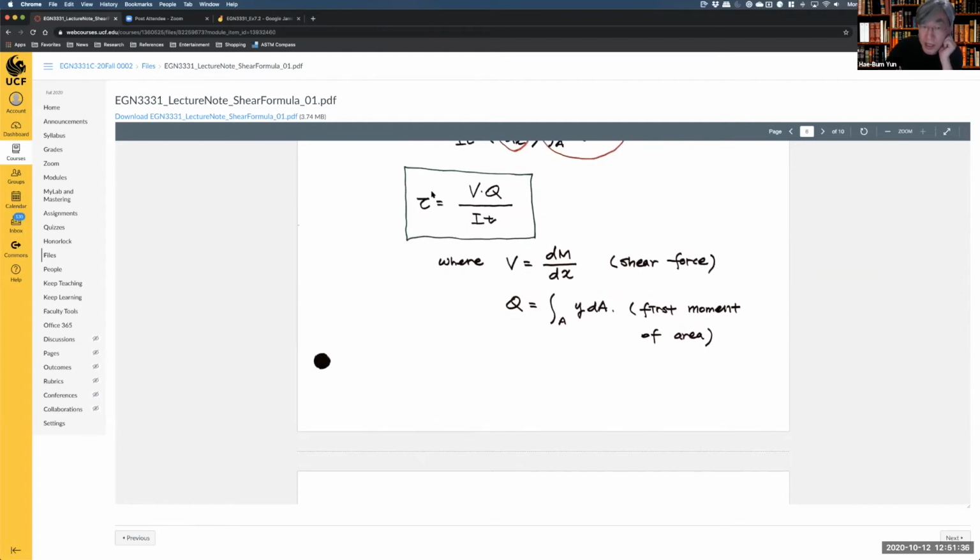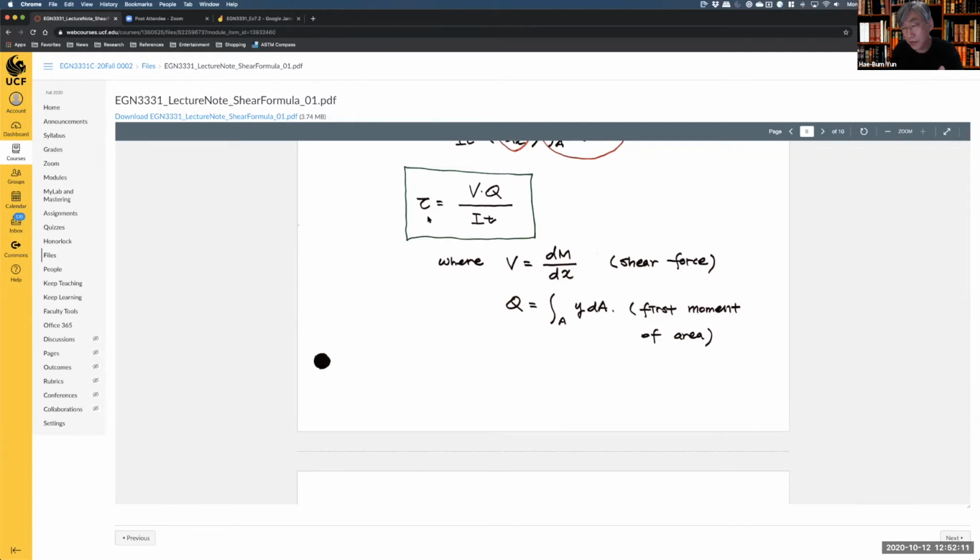Your tau, shear stress, is a function of your Q. I is constant, T is constant, V is given at location X. Then Q is quadratic, which means your shear distribution is quadratic, which means curved, depending on the location of Y.